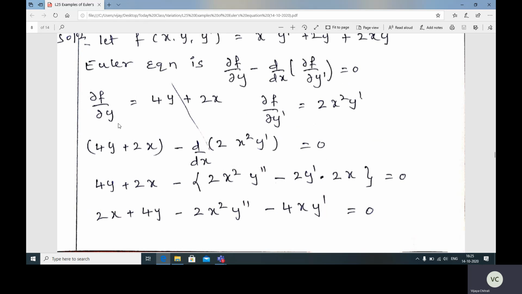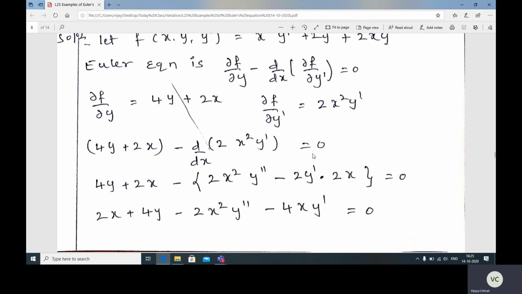So substitute these two in Euler's equation: 4y plus 2x minus d/dx of 2x²y', this is equal to 0. Now 4y plus 2x minus d/dx of 2x²y'.